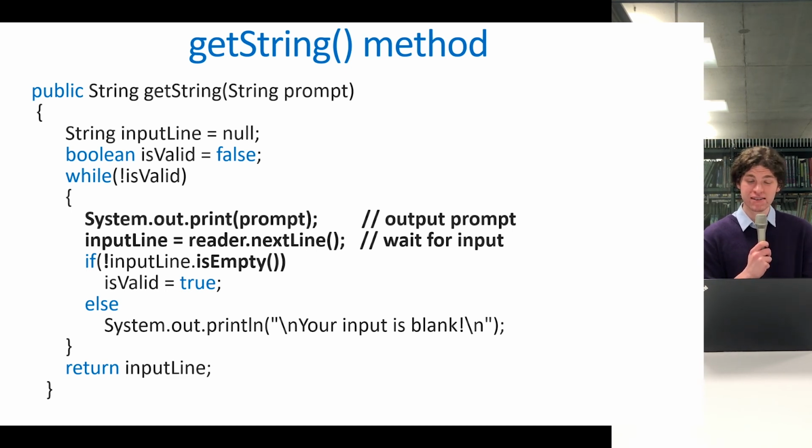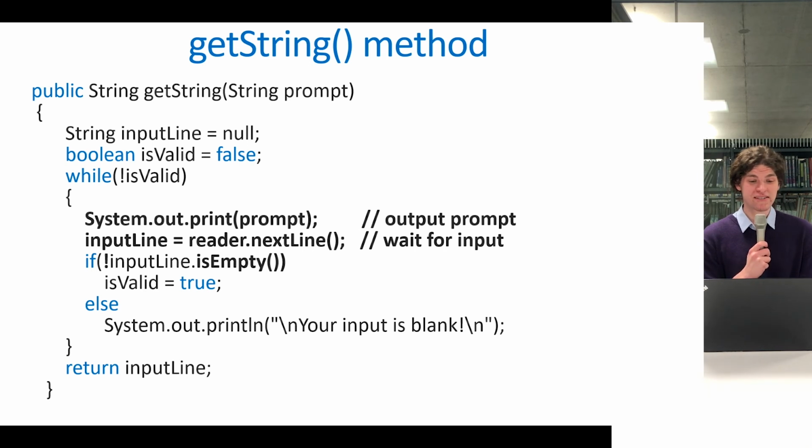We go back to the start of the loop, because we're looping whilst it's not valid, whilst it's empty, and we're going to repeat the process. We ask them for the prompt again, please enter something in, and then try again. So we keep repeating until the input is not blank. All right, and then we return that.